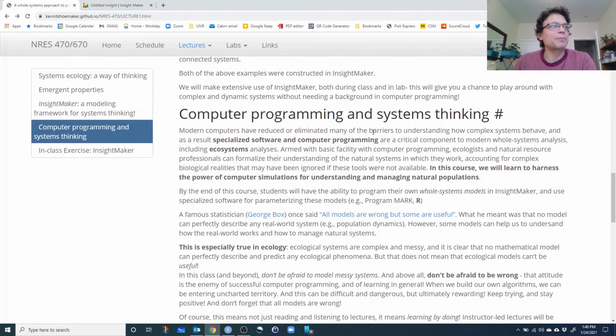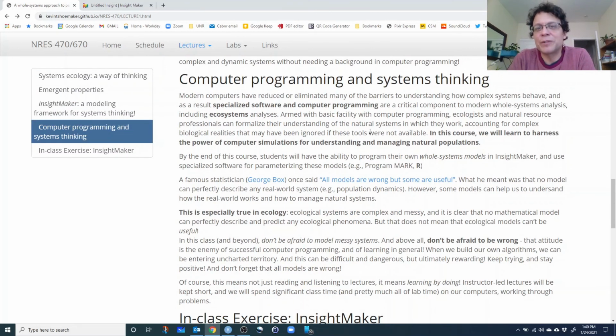So computers are really useful for that, and we're lucky that we live in a time that we have powerful computers at our fingertips, but it doesn't necessarily do us much good in terms of using these computers to understand the systems that we're interested in unless we can talk to the computer, unless we can get the computer to do what we want it to do.